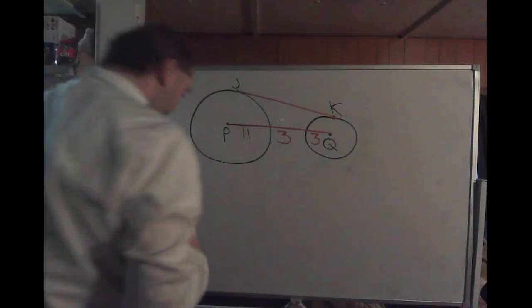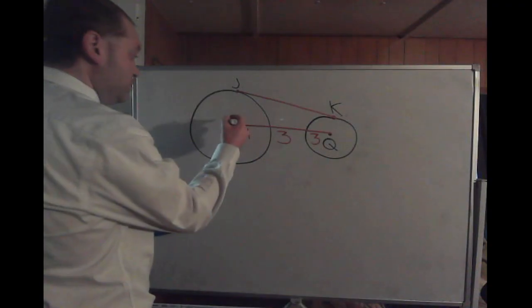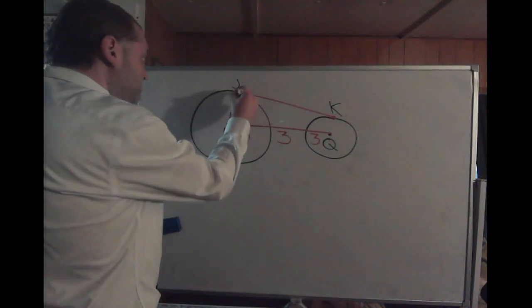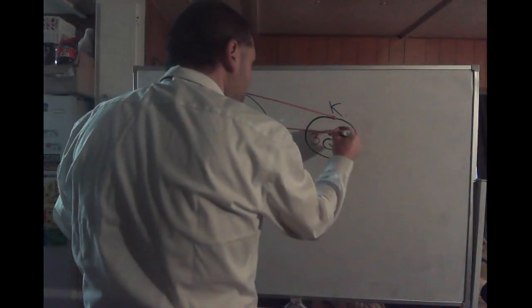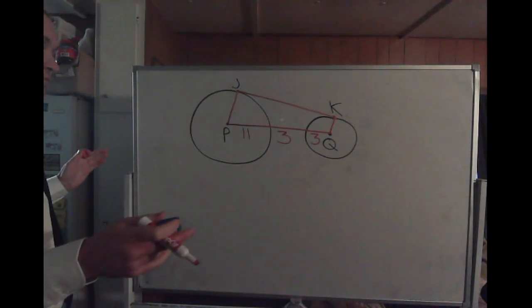Now, of course, we can actually turn this into a quadrilateral. We can connect PJ. We can also connect QK. It'll form a nice quadrilateral.